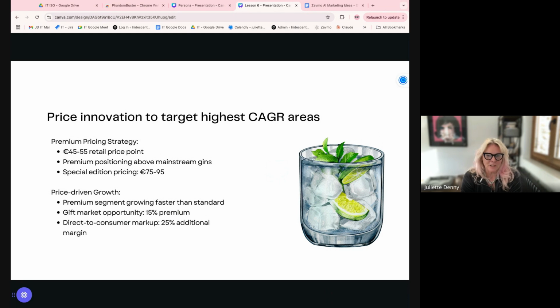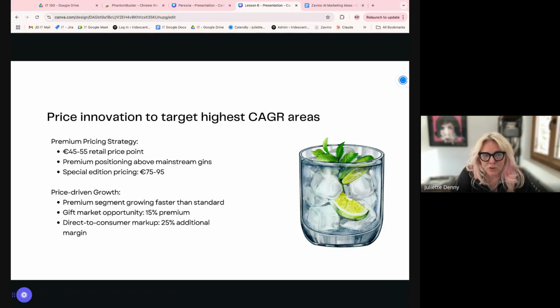And because you've got these artisanal elements to the brand, and you're working with herbalists, and there's a really interesting story going on with Flora Gin, it's going to be even more expensive than that, because you're going to have special edition pricing and all of that, which will beautifully allow you to talk to your market and tell stories and interweave interest and curiosity about this journey that not only Flora Gin are going on, but also their customer advocates.